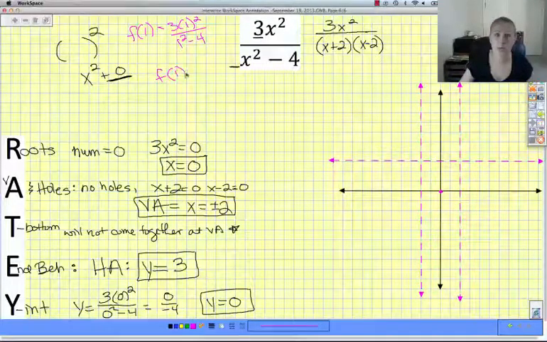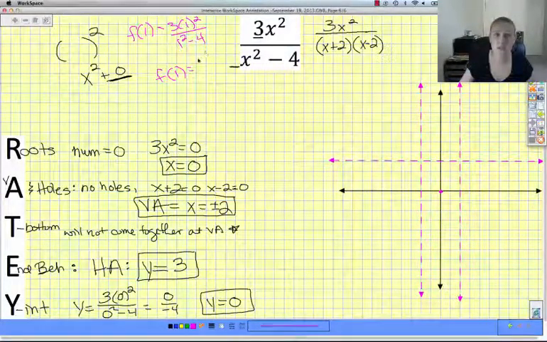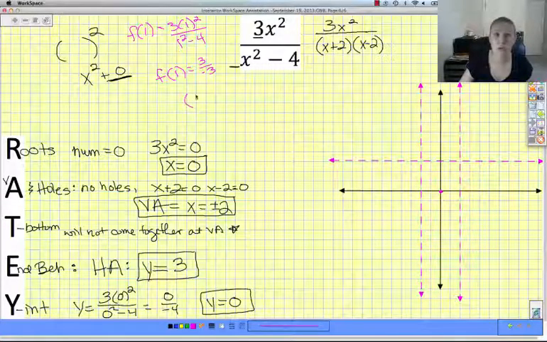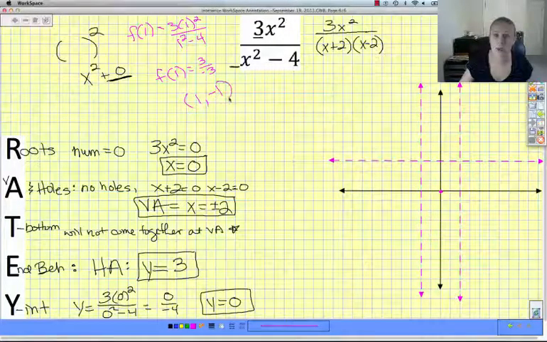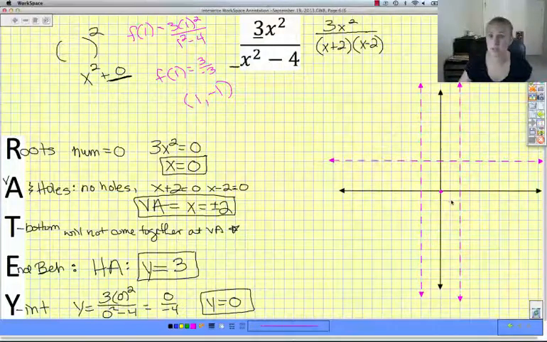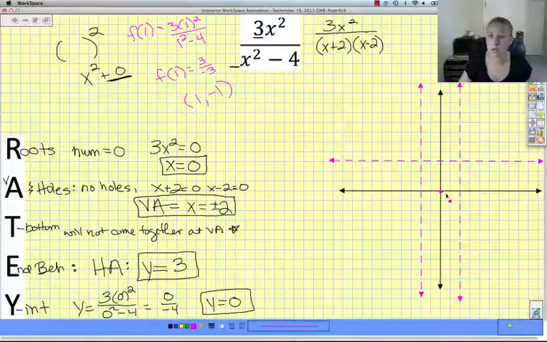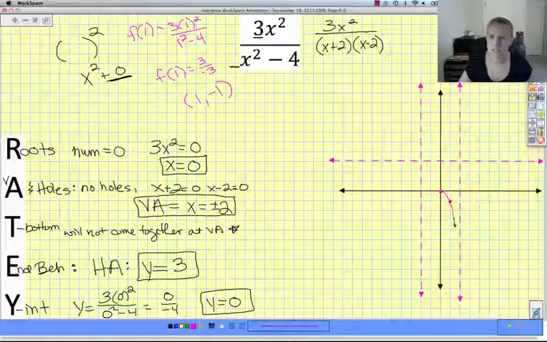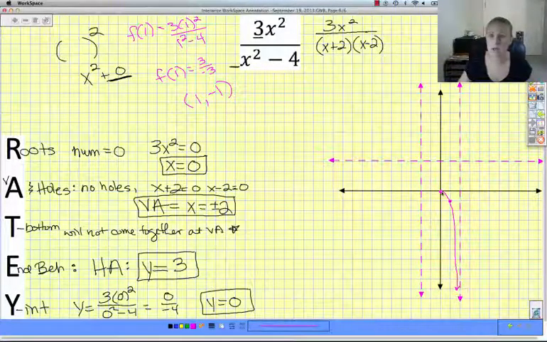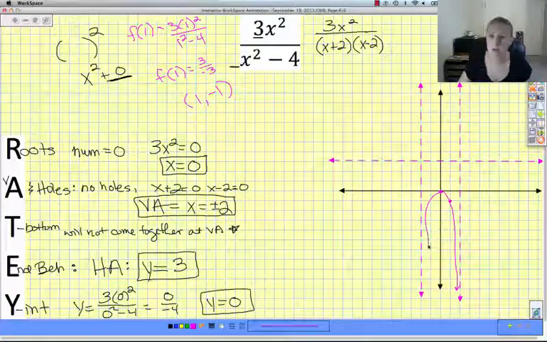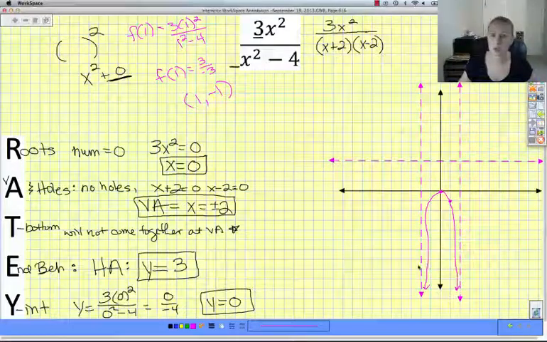So f of 1 gives me 3 over -3. So I get the point (1, -1). So I'm simply going to plot that point as well. Now I can see that this function's going to go down and it's going to get very close to my asymptote, and it's going to do the same on the other side. It's not the prettiest graph, but it'll do.